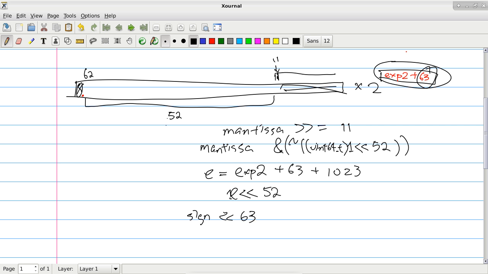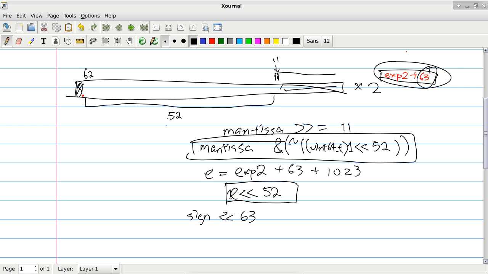We just have to shift the sign, which is already either 0 or 1, 63 times. So it becomes bit 63. So now we got all three components, okay? We got this component, which is only the fractional part of the mantissa. We got this component, which is the exponent, which is also biased by 1023. And then we have this last component here, which is the sign. What should we do with all of these components?